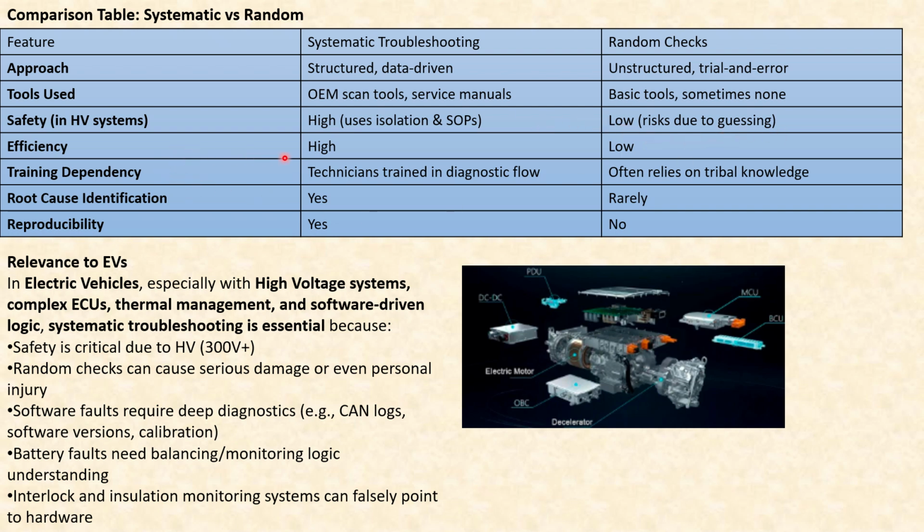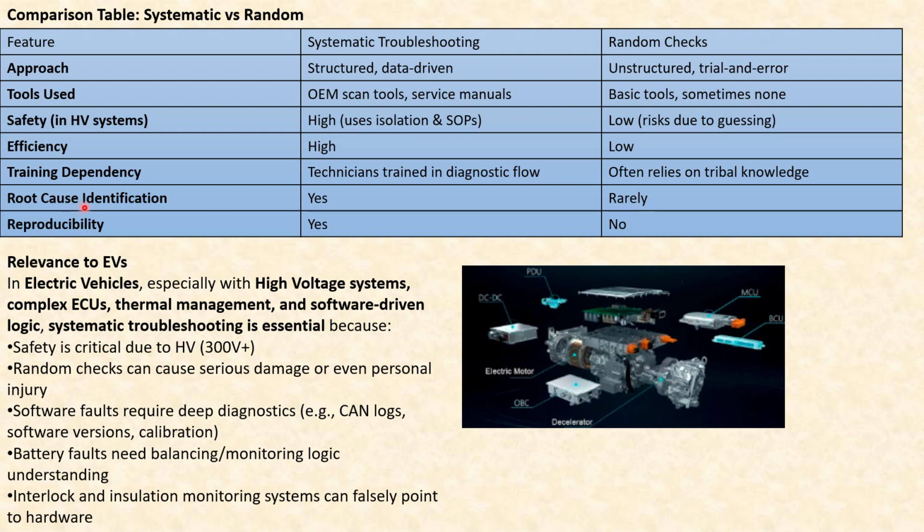Efficiency is very high for systematic troubleshooting, and very low for random checks. For training dependency, systematic relies on diagnostic flow, but random checks often rely on tribal knowledge, the knowledge which is prevalent, like word of mouth.